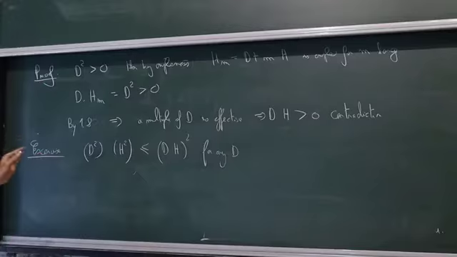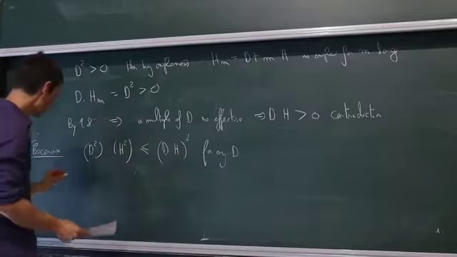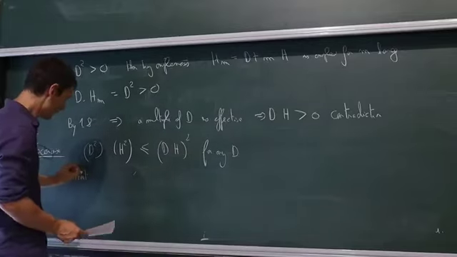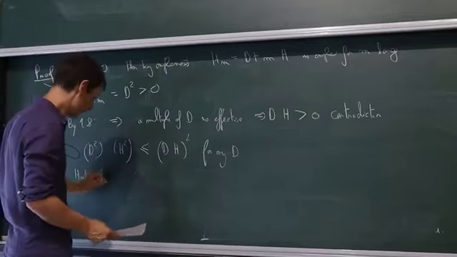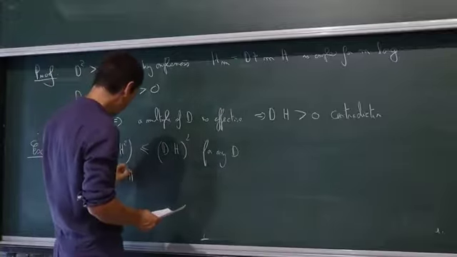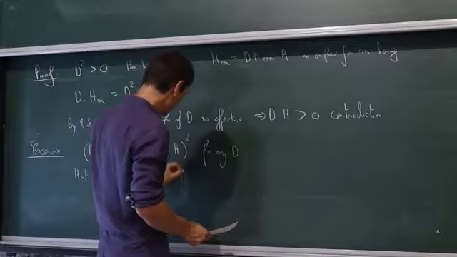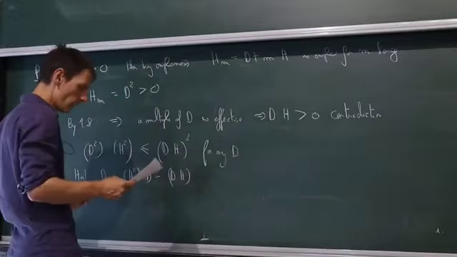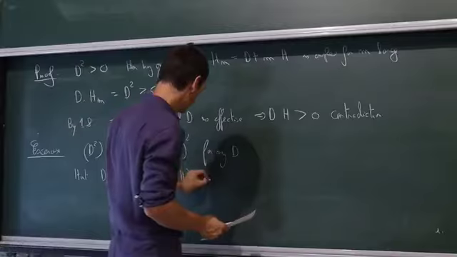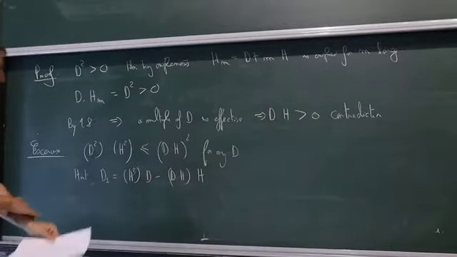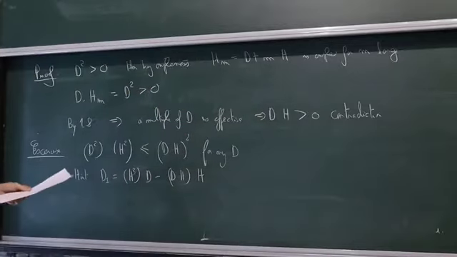If you want a hint, I'm going to give one, so if you don't want a hint, just stop the video now, but if you want a hint, the hint is to look at the divisor D1, which is H square D minus D intersection with H times H. Consider this divisor and use the results above.